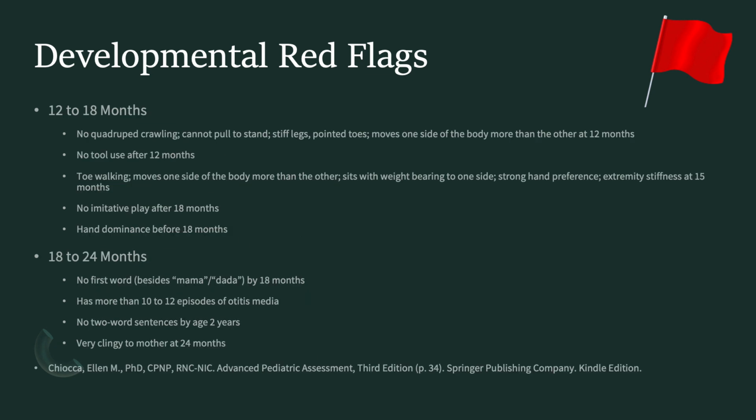And I've included a few more here just so that you can review these, again, either pausing the video or looking at the PowerPoint and getting an idea of if you were seeing this patient, would this make you feel like something's wrong? For example, if you get to 18 months old and you still haven't said a purposeful word yet, we're very concerned that either there's something receptive or expressive going on that isn't right.